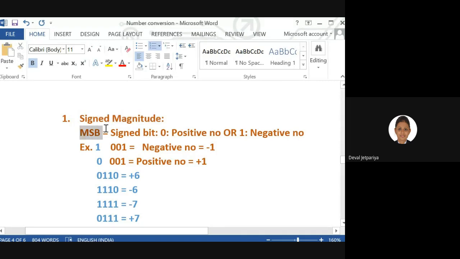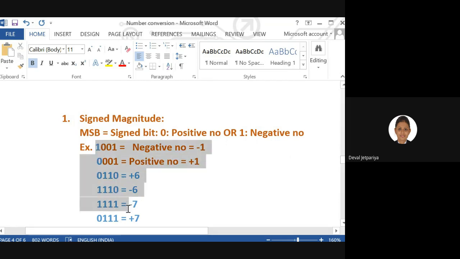Here MSB, that means most significant bit, is nothing but this first bit. That particular MSB is called the sign bit. If that bit value is 0, it indicates a positive number, and if it is 1, it indicates a negative number. So for example, we have some data like this, and you have been told that the particular number uses sign magnitude representation.